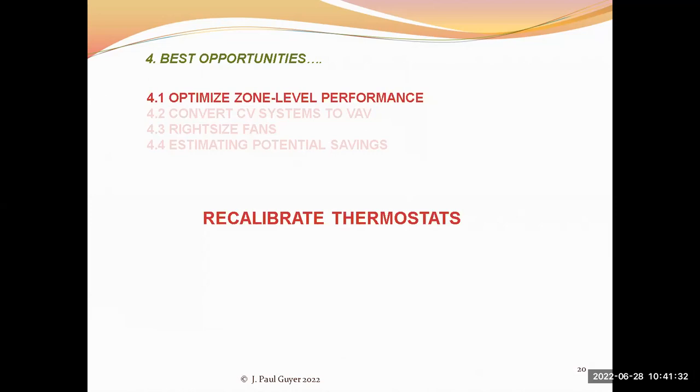They may be sticking or something like that. Particularly if you have pneumatic controls, and you do have pneumatic controls in some of these older buildings. With them, the thermostats with pneumatic control systems, they periodically require recalibration. And that should typically be done every 6 to 12 months in order to regulate the space temperature more accurately.